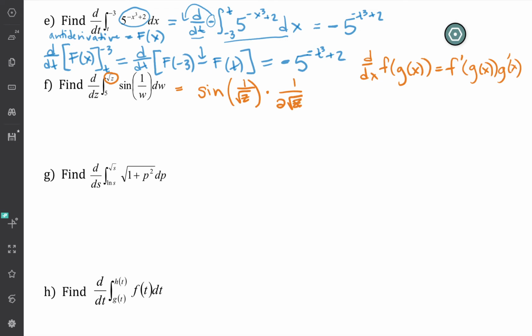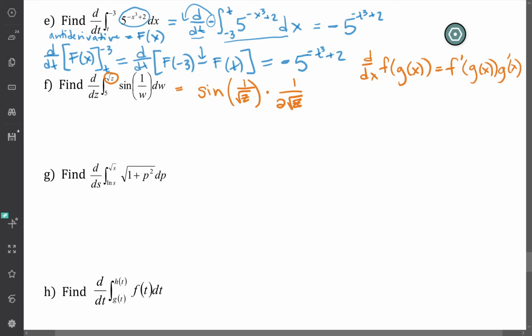Okay, so if you want to walk through that one the longer way, we could say, okay, let's say that we find the antiderivative of this function. Since I don't know what it is, I'm going to call it big F of w.